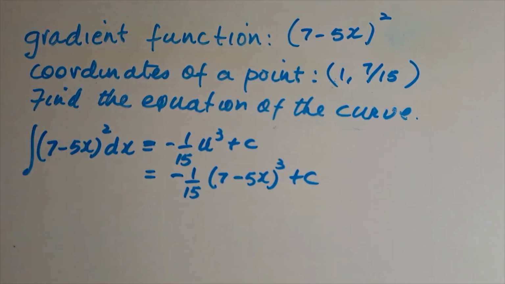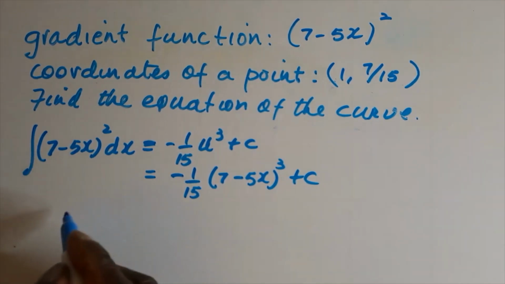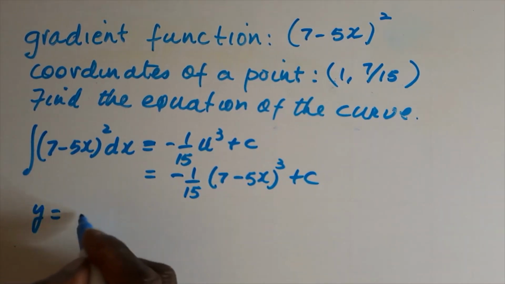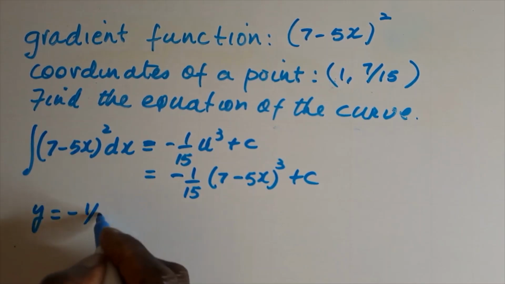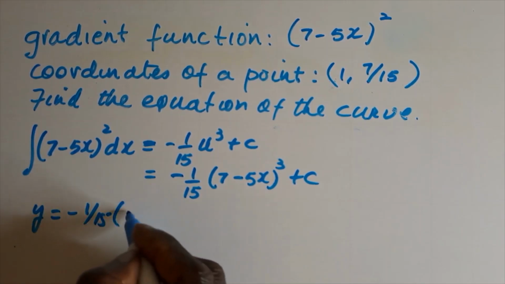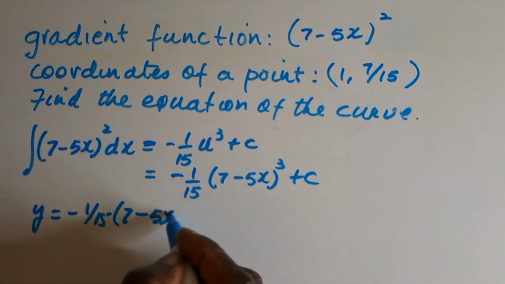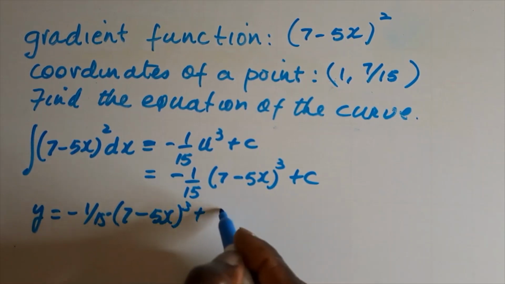So now we must go ahead and find c. Now, we know y at 7 over 15, so this equation now is y equals minus 1 over 15 bracket 7 minus 5x cubed add c.